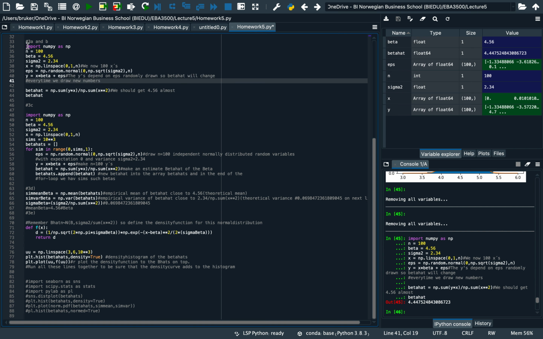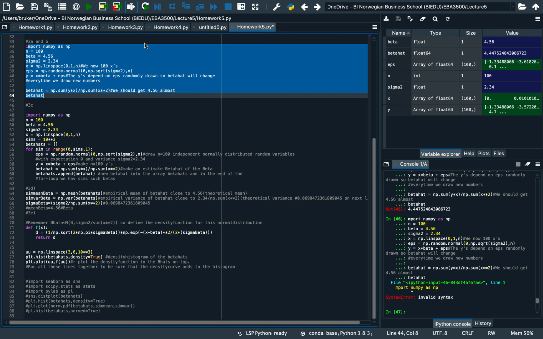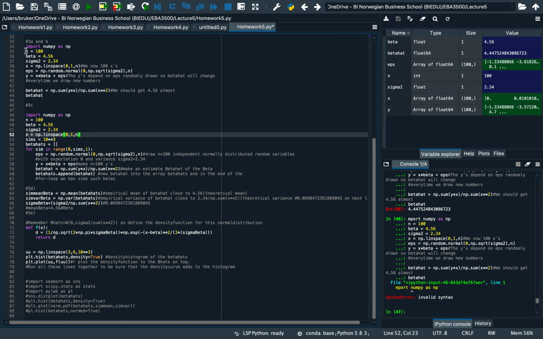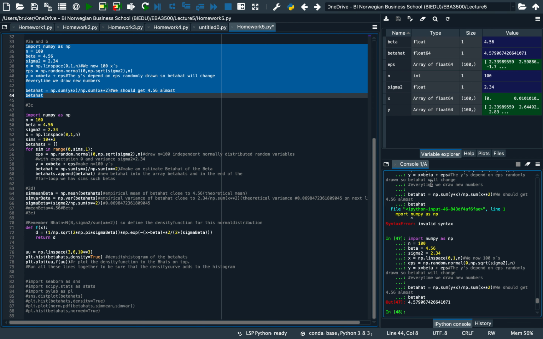If I run this once more, we will see that it changed. It's not 4.56 or 4.44 anymore. It's 4.579, because now it has drawn new 100 random numbers from this normal distribution.